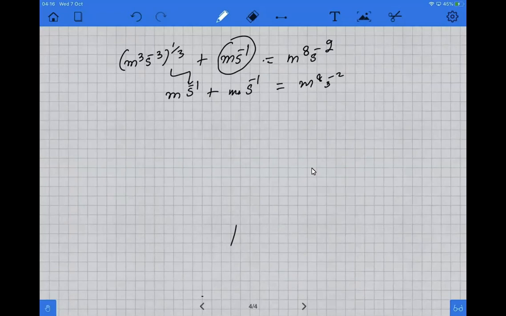So it is non-homogeneous. Since the base units are not equal, if base units of all the terms are not equal, then the equation is non-homogeneous.